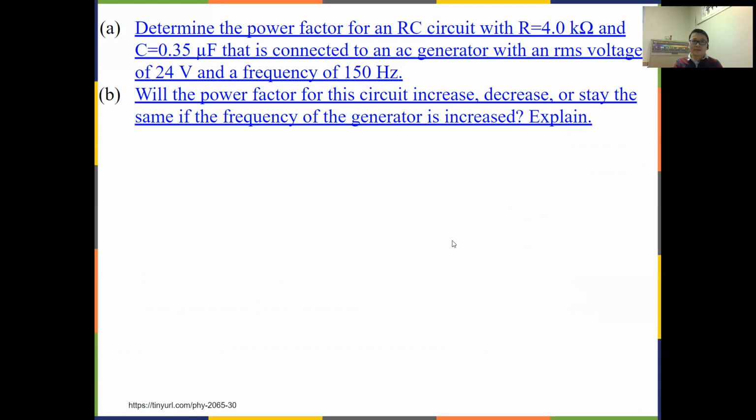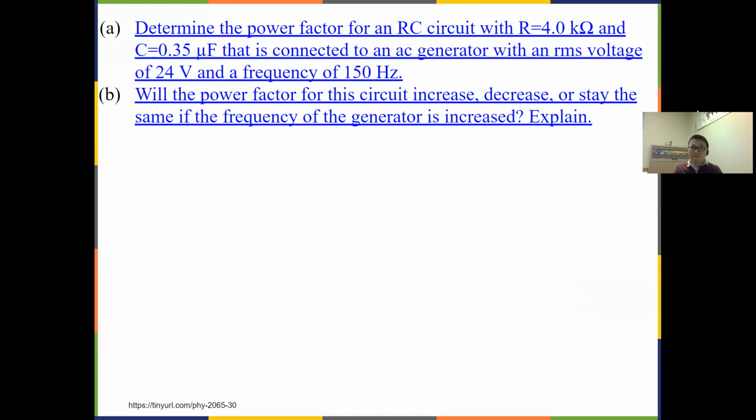So power factor will be R over Z of the circuit. Okay, so let's take a look at this example here. It says determine the power factor of an RC circuit with R equal to 4 kilo-ohms, C equal to that, connected to an RMS voltage of 24 volts and a frequency of 150 hertz. Will the power factor of this circuit decrease, increase or stay the same if the frequency is increased?